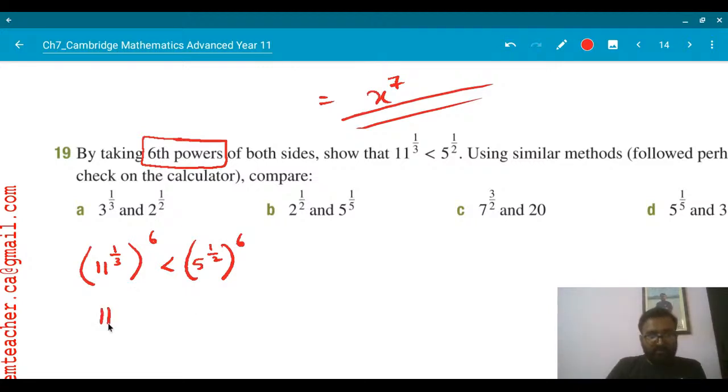It is 11 power 6 by 3 less than 5 power 6 by 2. So now you can cancel. It is 11 square, which is less than 5 cube. It is 121 is less than 125. Clear?